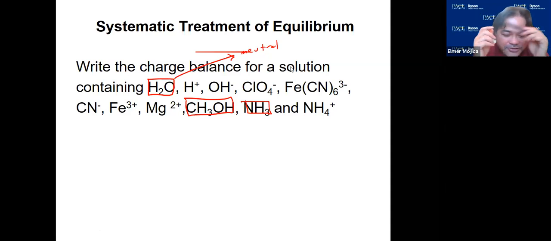Are we going to include them? Okay, the answer is no. They're there, but you're not going to include them. So how are we going to write now the charge balance equation? We put all of the positive on one side. We can start with the H plus, plus, what's the next one?